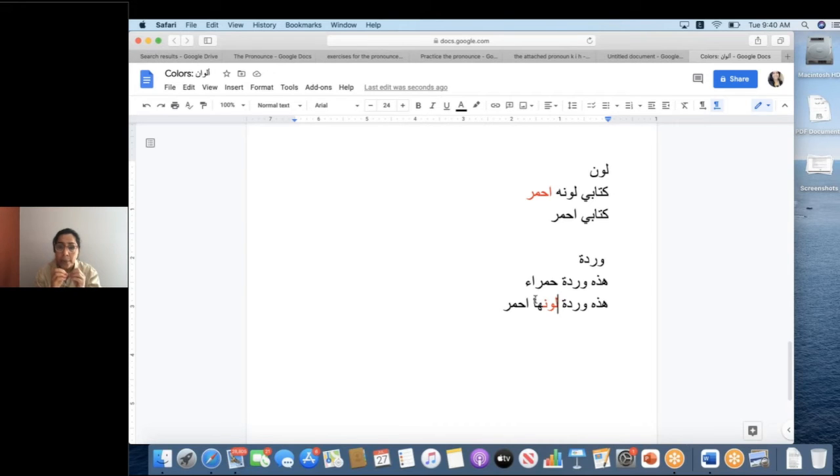It's color. So when I say its color, what comes after the masculine must match the masculine. But when I match the feminine, I match it with the ha alif, her color, its color in English.